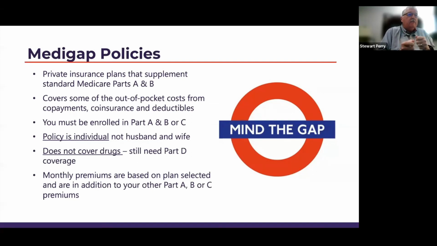You don't get to put spouses on, and the monthly premiums are all based on which plan you selected. So get an expert. There is a whole book published by the government on these things and what to do that you ought to get and follow. And every company that tries to sell you one of these is required by the government to get you that book.